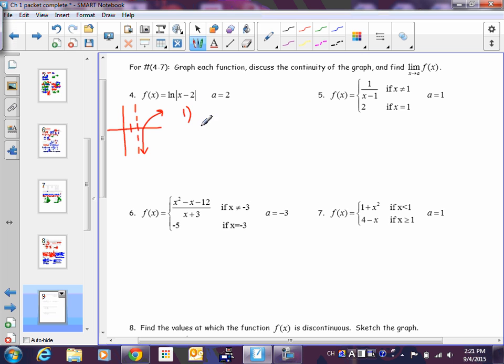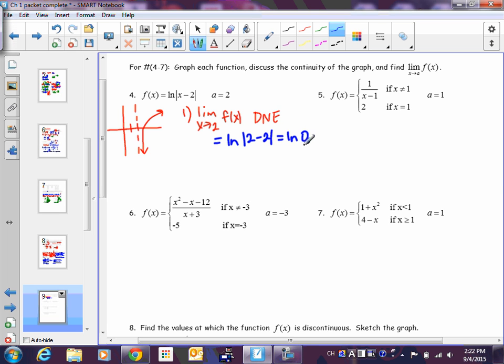Still need to go through the conditions. We're not really doing right and left-sided limits. We're just going to do the limit. And what do you know about the limit? It does not exist. Why? There's a vertical asymptote. There's unbounded behavior. If you didn't know how to graph this, what you could have done is plug 2 in and said natural log of 2 minus 2, which is natural log of 0.